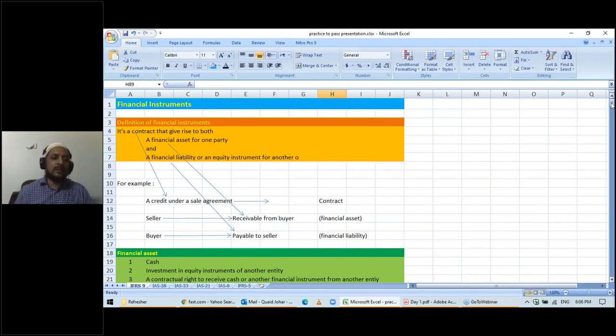Now let's start with the definition of a financial instrument, that what a financial instrument is. A financial instrument is a contract.